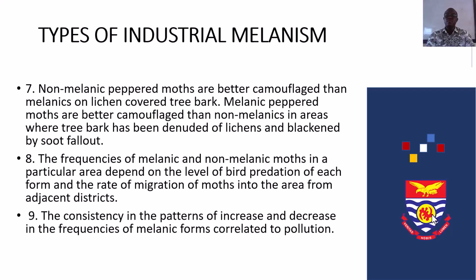The frequencies of melanic and non-melanic moths in a particular area depend on the level of bird predation of each form and the rate of migration of moths into the area from adjacent districts. There is consistency in the patterns of increase and decrease in the frequencies of melanic forms correlated to pollution.